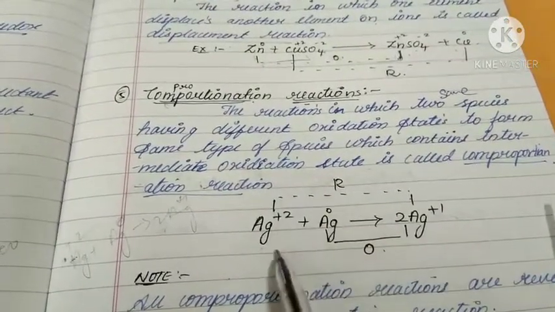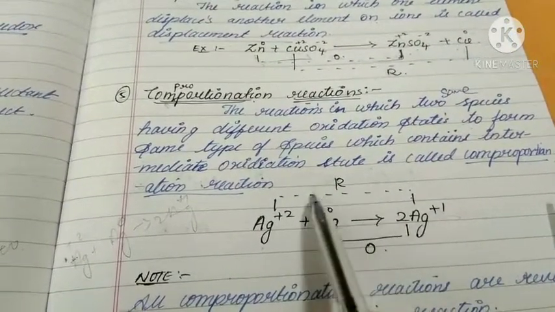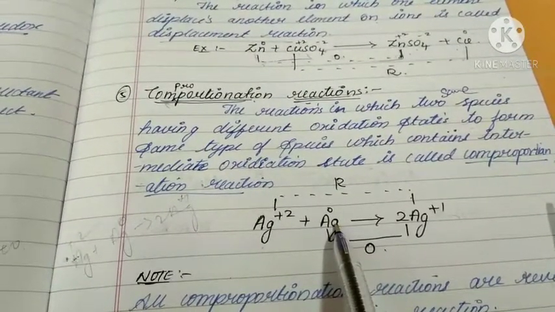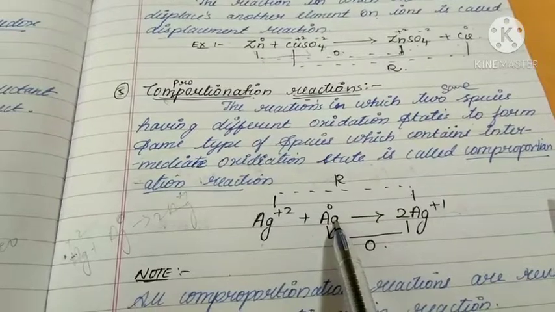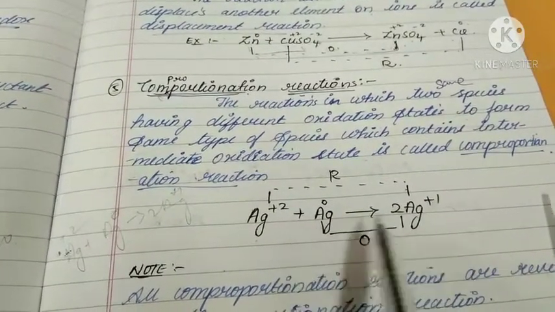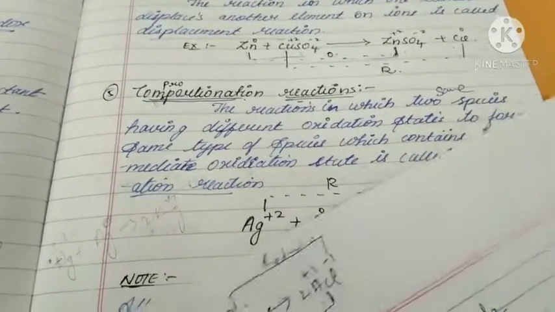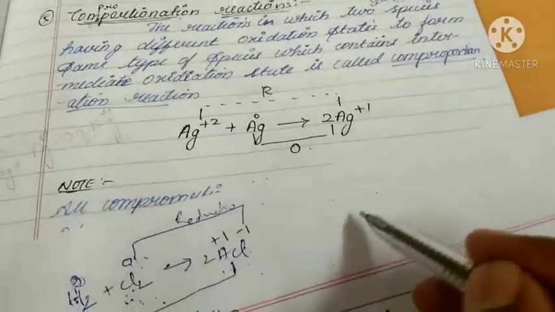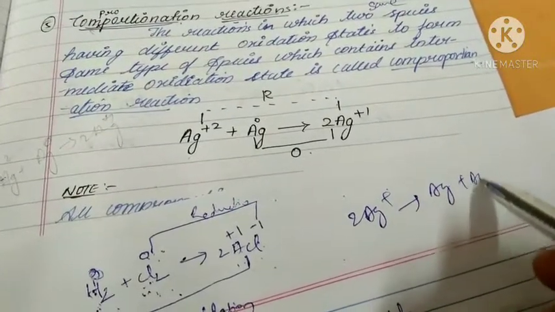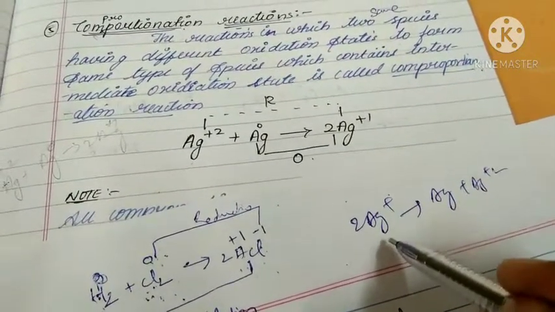This is also called the reverse of a disproportionation reaction. If you reverse this reaction, what will come? 2Ag+ gives Ag + Ag2+. Then also it is a redox reaction.